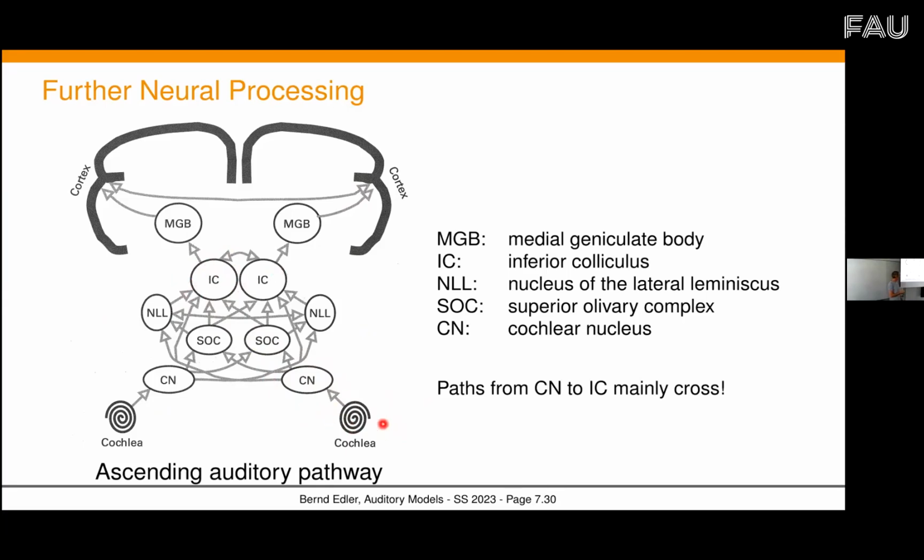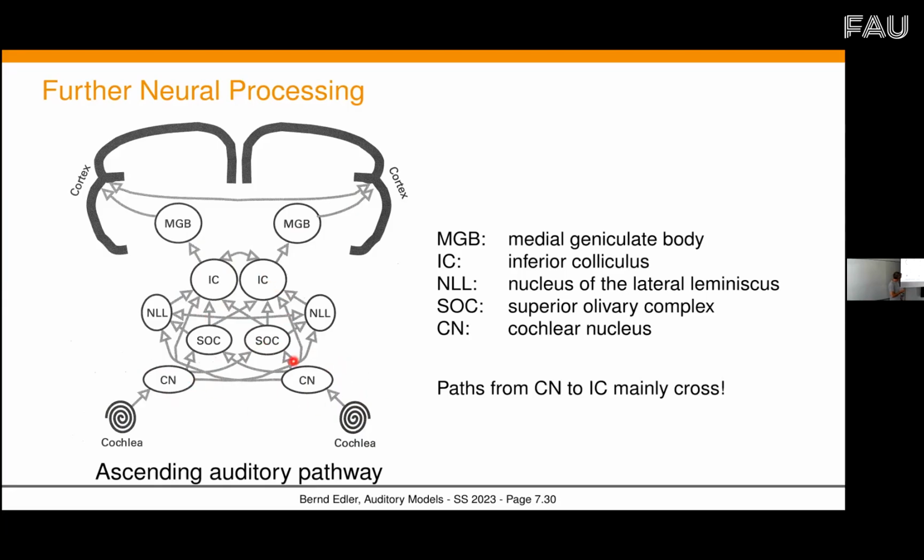So it goes more from the left to the right and from the right to the left. So these are the main information flows, but you see there are some interconnections between the two sides, so that some joint processing can take place, which is important for localization of sound, as you can imagine, what we had in the first lecture.